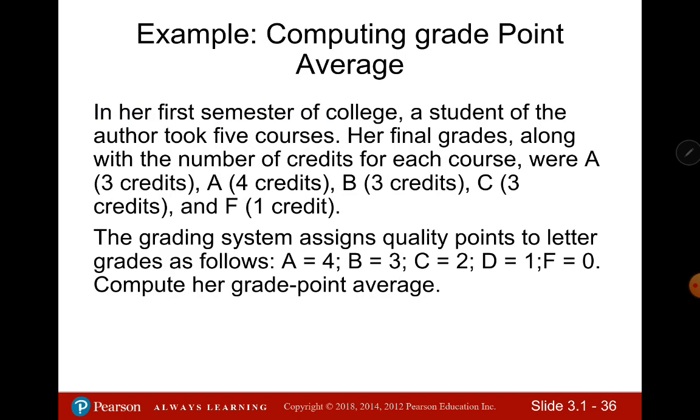So let's check this student. Her final grades are an A, but this is a 3 credits course. Another A for a 4 credits course, and a B for 3 credits, a C for 3 credits, and an F. She got an F, but this F is just 1 credit.